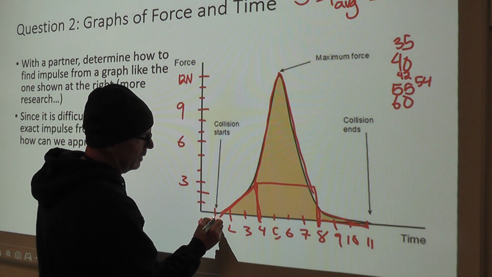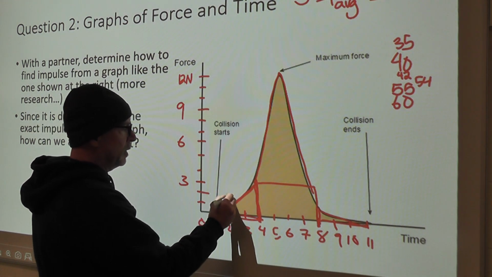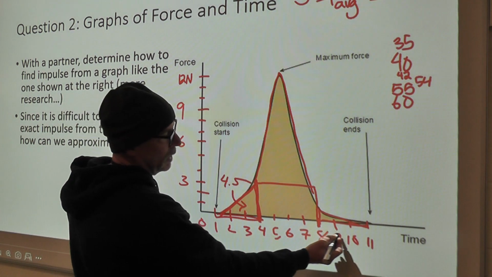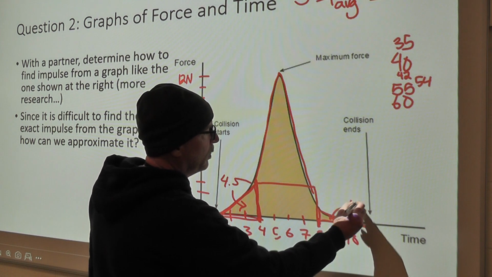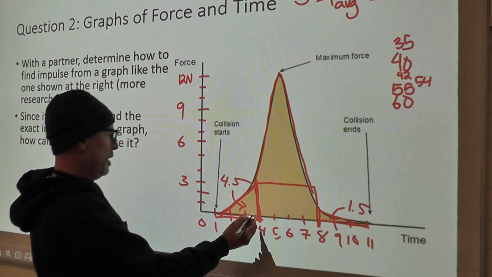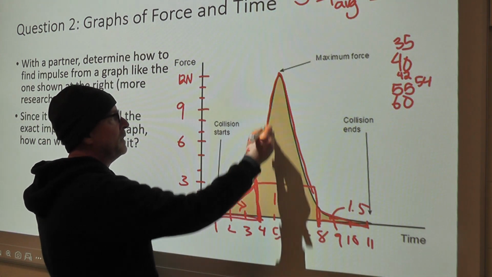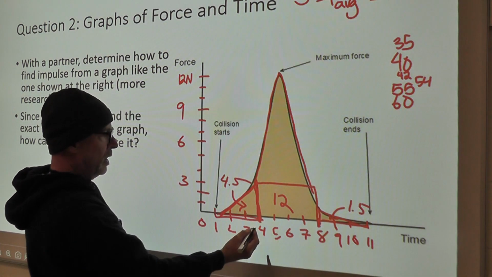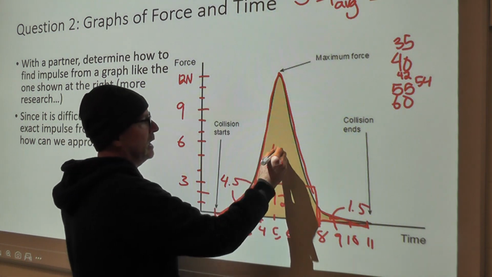This triangle here is 3 by 3, so this one would be about 4.5. This triangle is 1 by 3, so it's about 1.5. This rectangle is 4 by 3 or so, so this would be 12. This triangle goes from about 3 to 12, so it's 9 tall, and it's 4 wide, so that's 36 divided by 2, about 18.